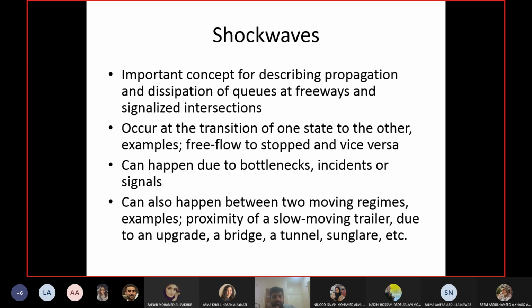It's very common actually. Going from stop to free flow is very common. It happens very often on many locations. Can somebody tell me when does it happen, when you go from stop to free flow? Any guess?